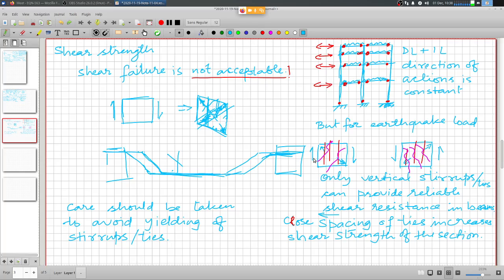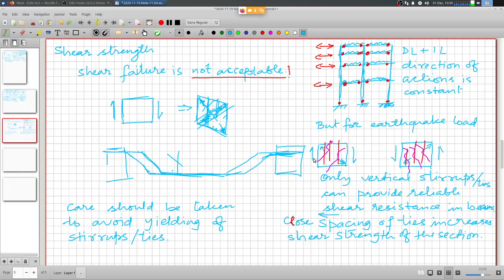So if you take too large a diameter, then obviously it is not going to be that convenient. So there has to be a trade-off between the two conflicting requirements. So generally 8 dia is used for the stirrups or lateral ties, and that provides a good trade-off between the two requirements.